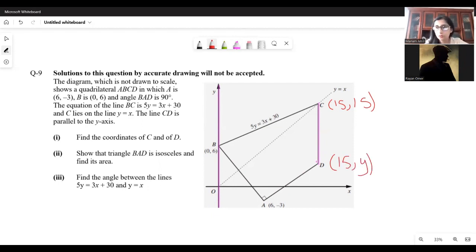So all that's left to do is find the y. Next thing you know is that these two slopes will have a negative reciprocal relationship. Miss, perpendicular. Yes, perpendicular. So give me the slope of AB.